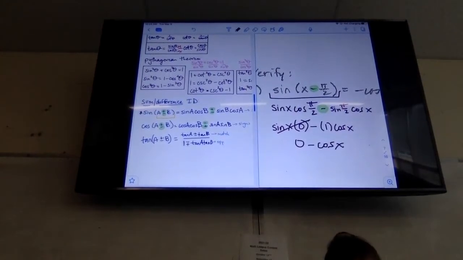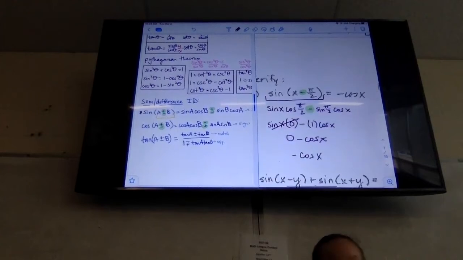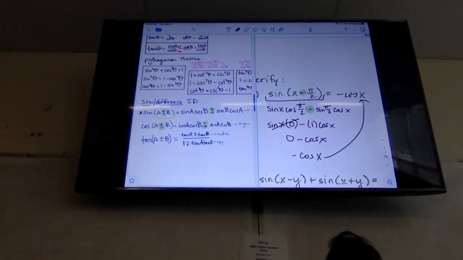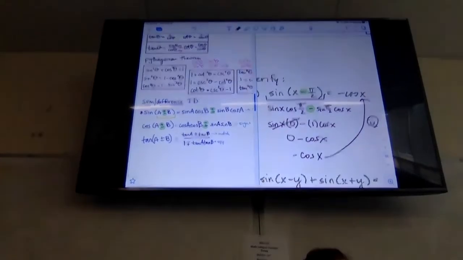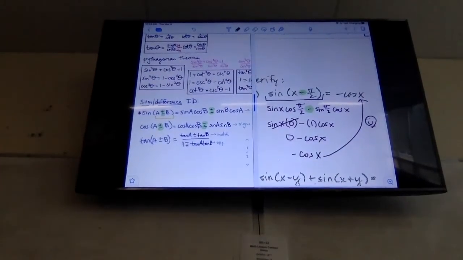And 0 minus cosine is negative cos. And that's awesome because that's what I wanted. We did it. So by plugging in, because we were able to use pi over 2 and actually use numbers there, we were able to simplify it down to negative cosine.